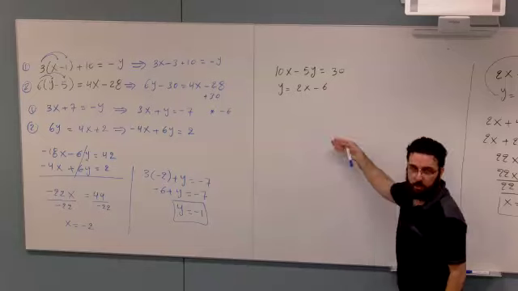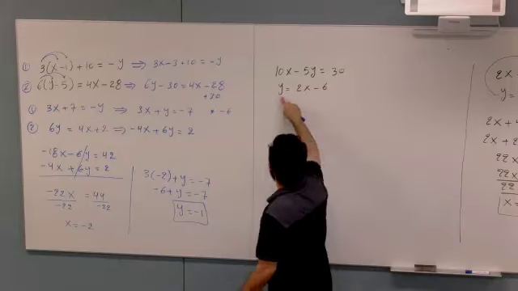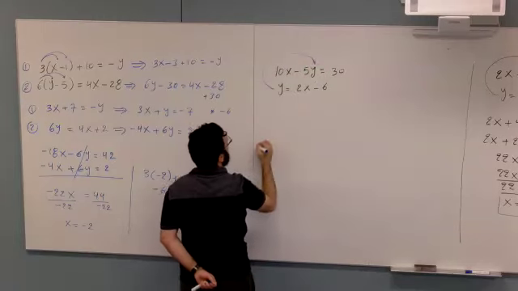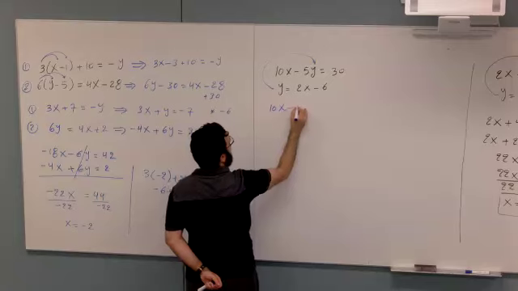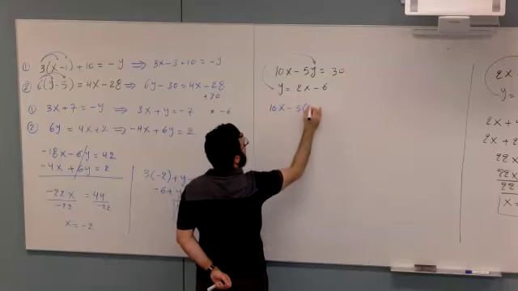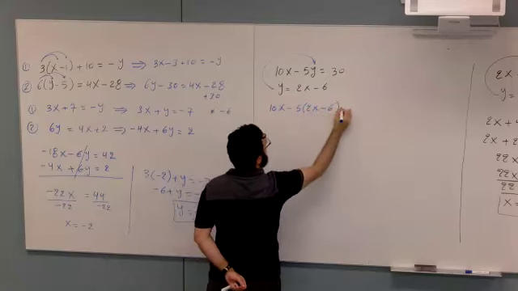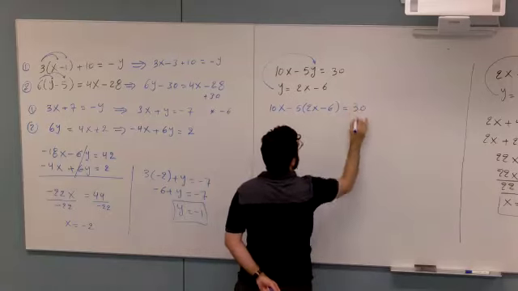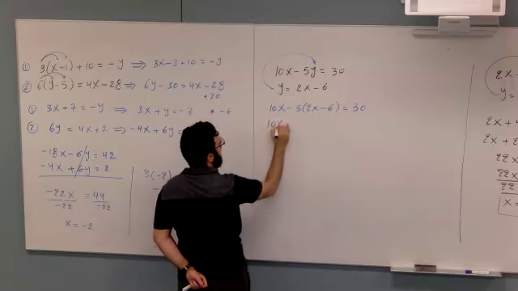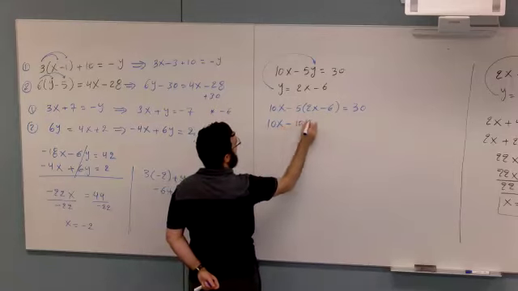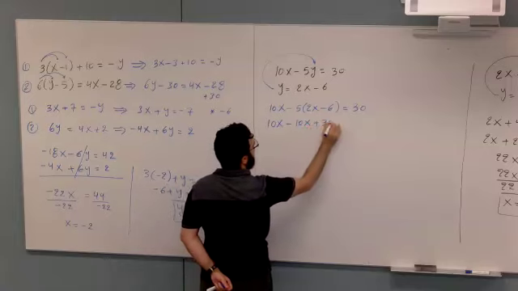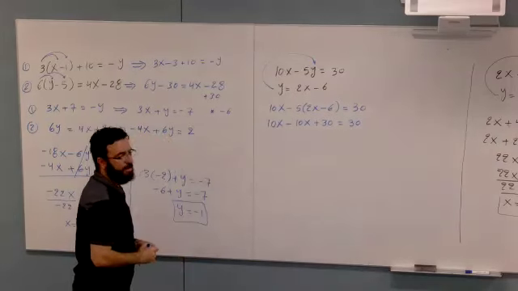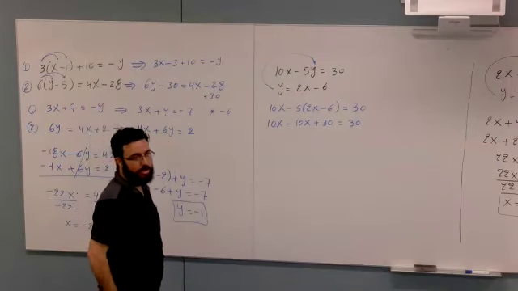If you wanna use substitution, just plug in y where? Here. So 10x minus 5 times the value of y, which is 2x minus 6, equal 30. That means 10x minus 10x plus 30 equal 30. What do you think? What is going to be the solution?